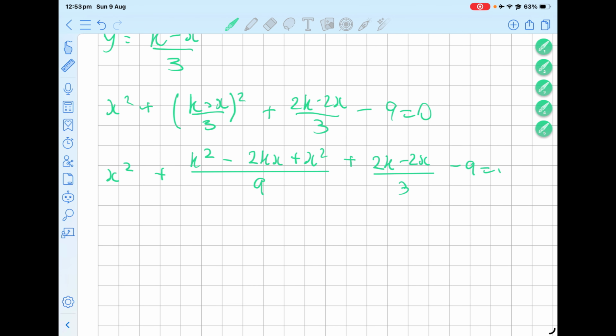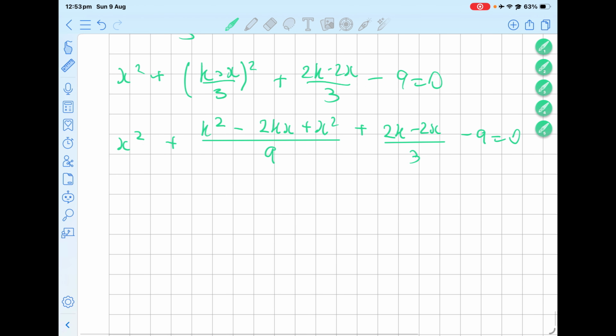So multiplied by 9, we have 9x squared plus k squared minus 2kx plus x squared plus 6k minus 6x minus 9 times 9, which is minus 81, equals 0.